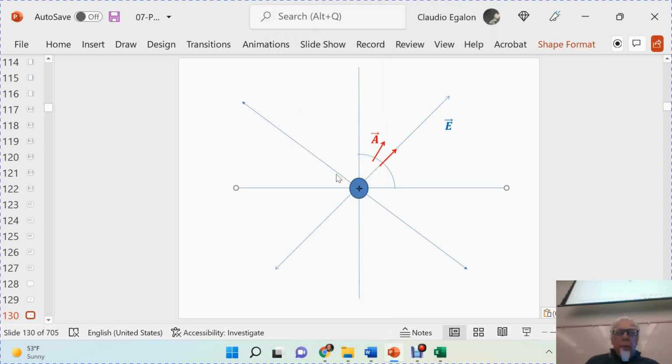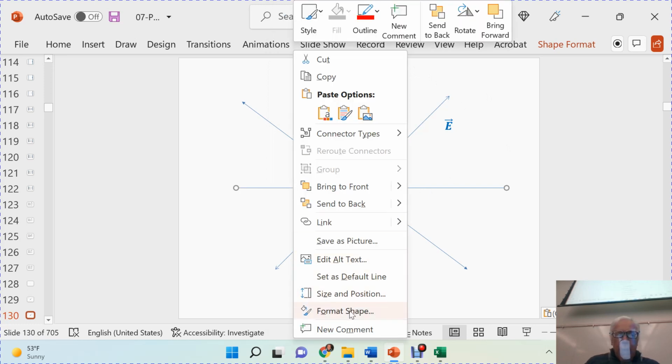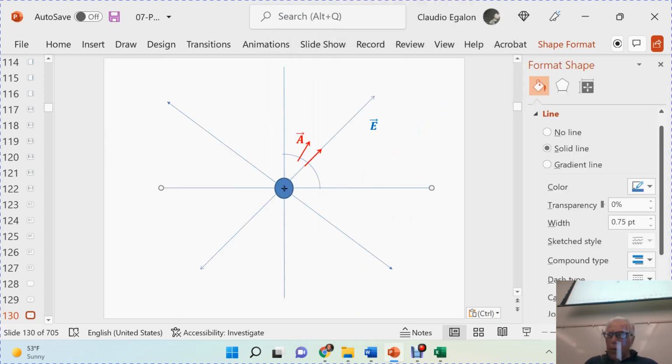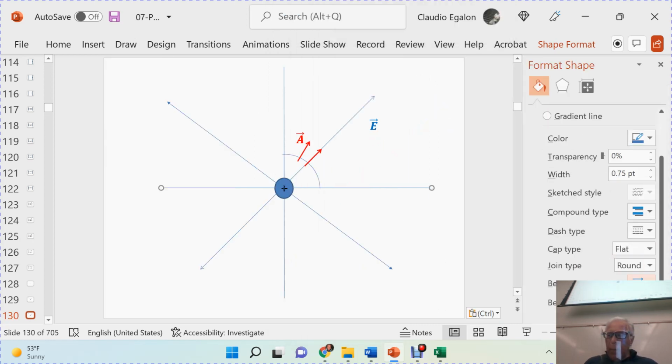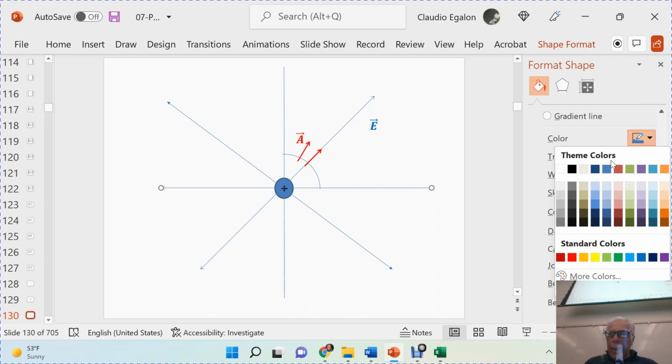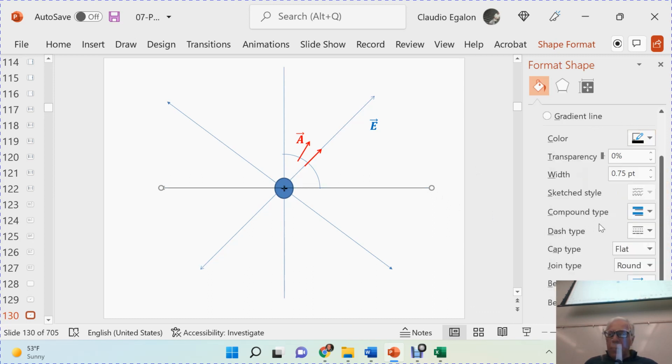Format shape. Like that. I'm going to do a black so you can see it better, and I'm going to increase.